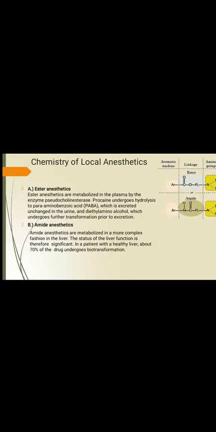The reason amide anesthetics are more stable than ester anesthetics is that, as stated earlier, various esterases present in liver and blood hydrolyze the ester anesthetics, and that is not the case with amide anesthetics. For this reason, the half life of amide anesthetics is far longer than that of ester anesthetics.